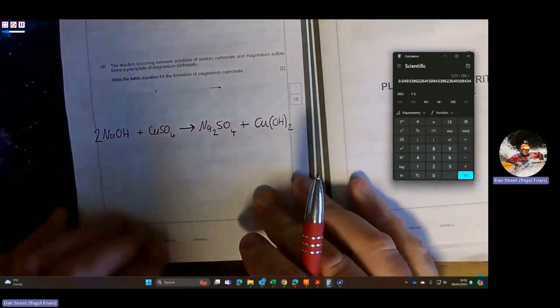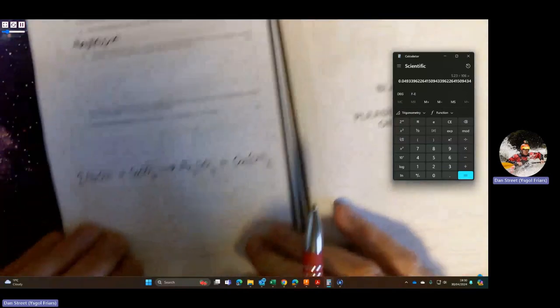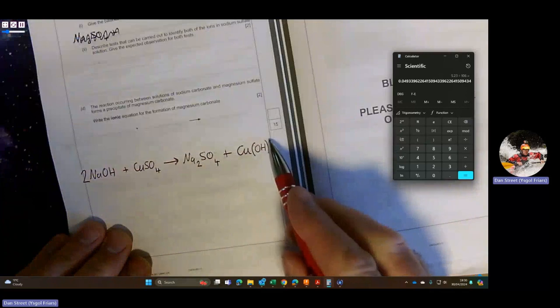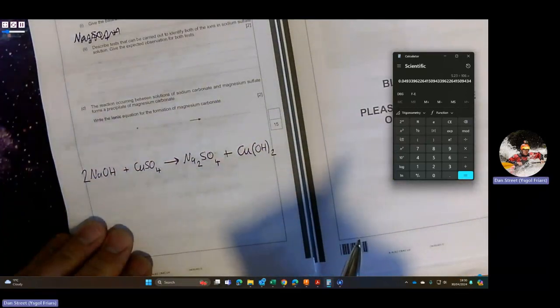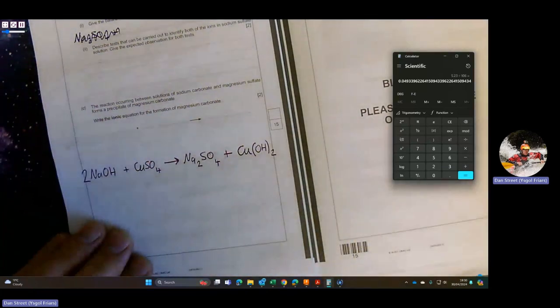That was worth 3 marks because you had to work out the formula and balance the equation in the end. So that was a slightly more difficult balancing equation.